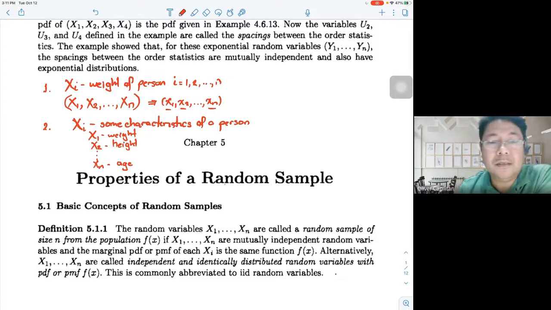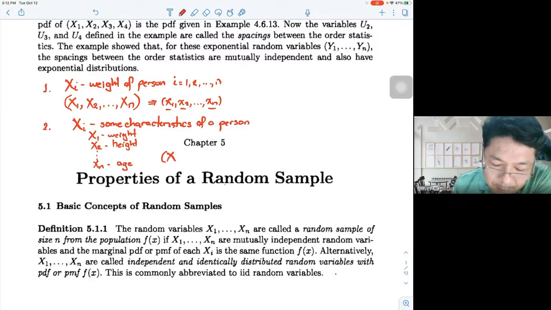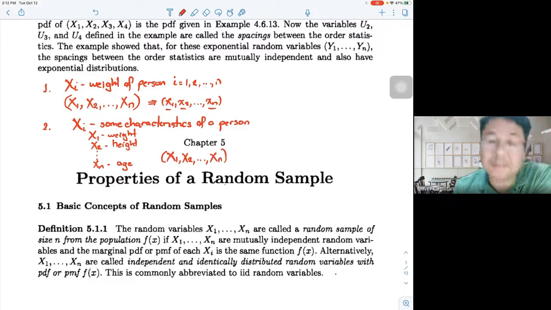So for a particular person, we were able to obtain multivariate data, n observations. We have this random vector of random variables, x sub 1, x sub 2, and so on, up to x sub n.